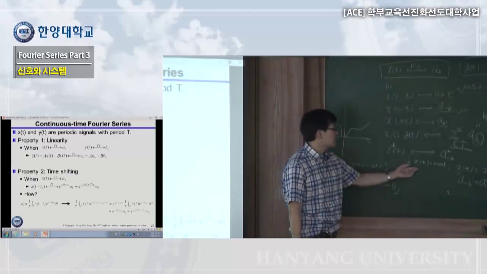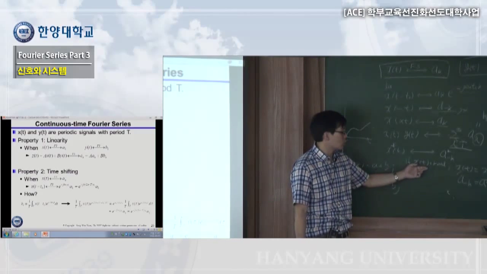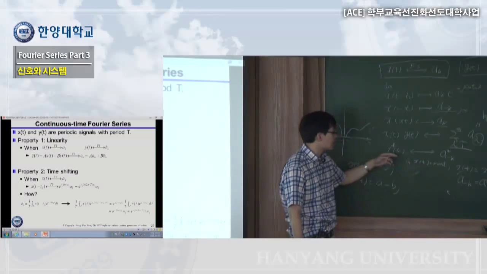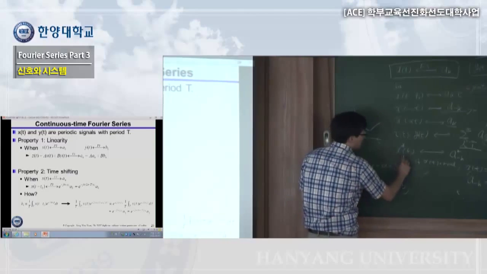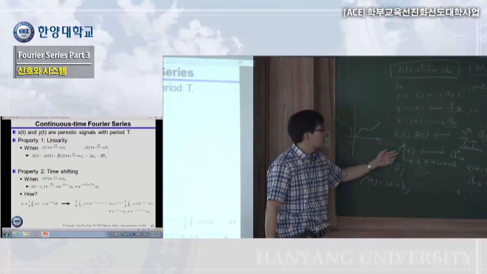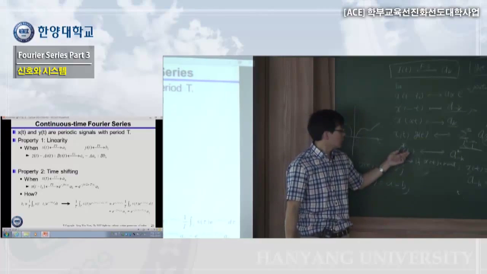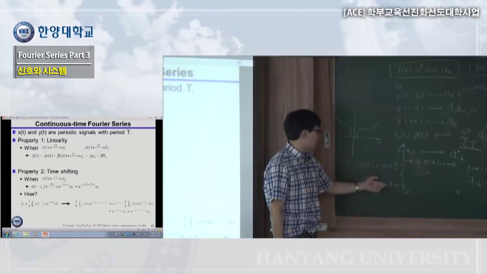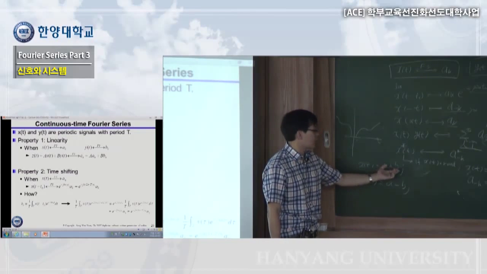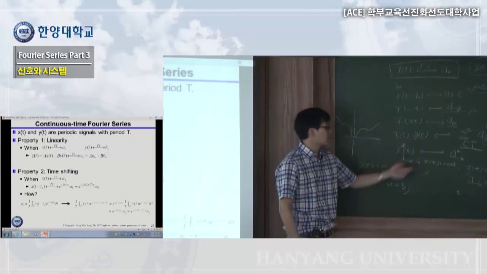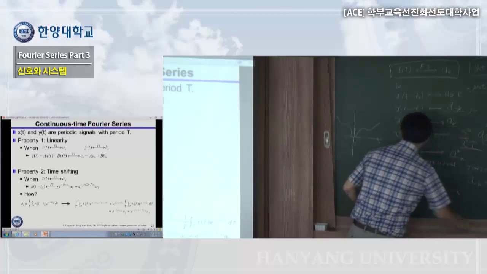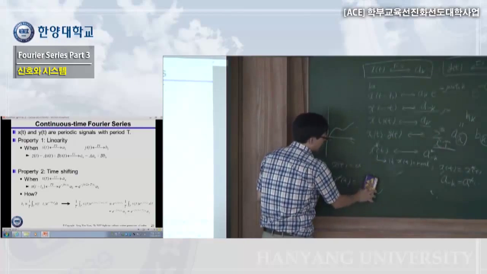If xt is real, that's a very special case. So this one is a special case of this case. Here, we have A and Bj, that's still valid. If x is real, we no longer have the Bj case.